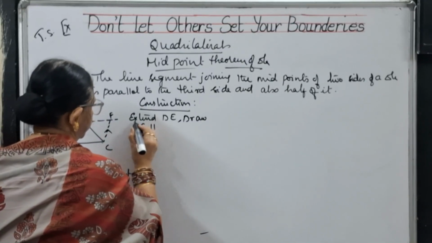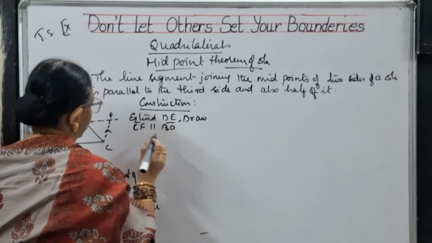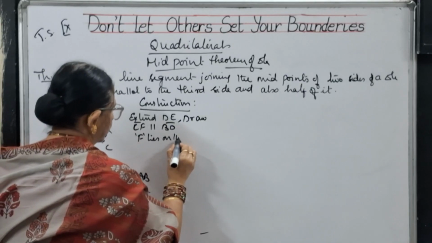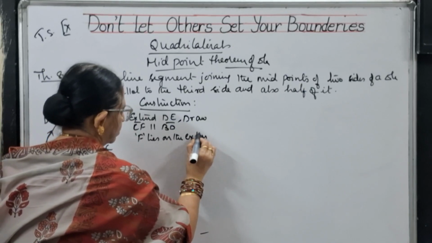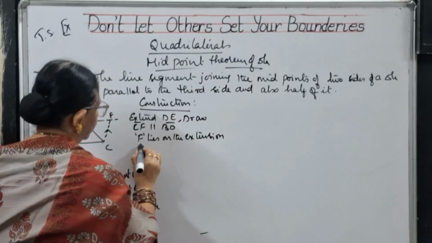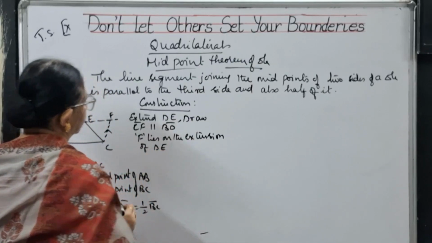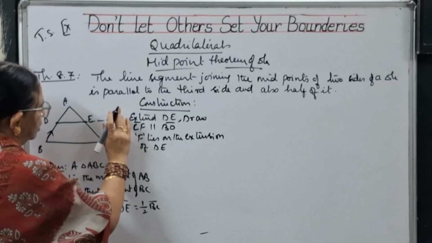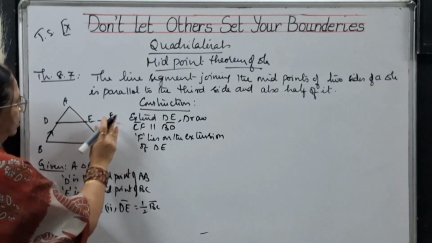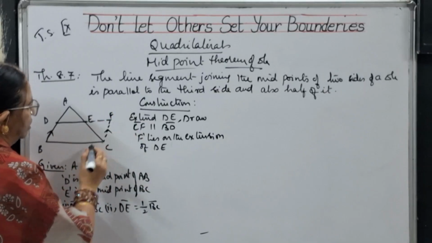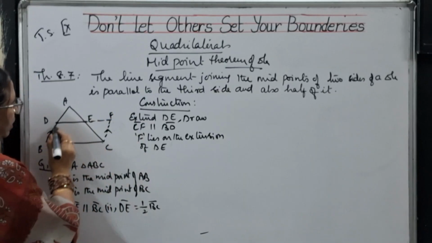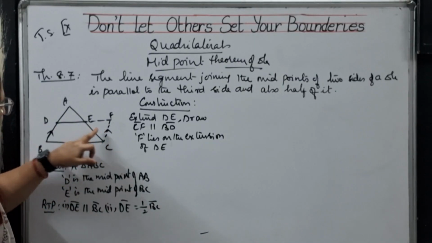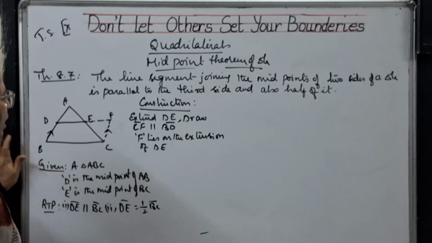Draw CF parallel to BD, and F lies on the extension of DE. This is the construction. You have to extend. We have extended DE, and CF is drawn parallel to DB, so that it is intersecting the extension of DE at F.